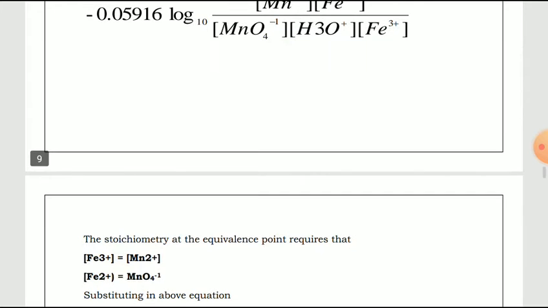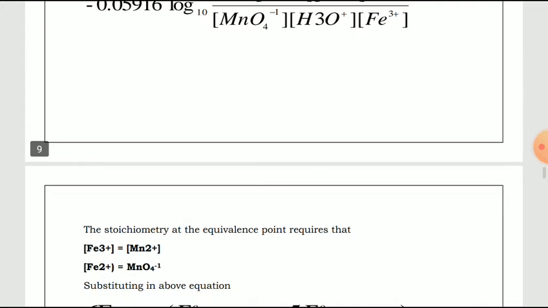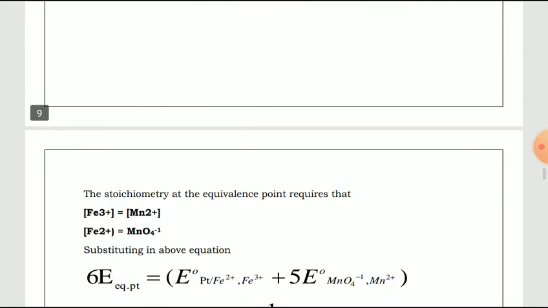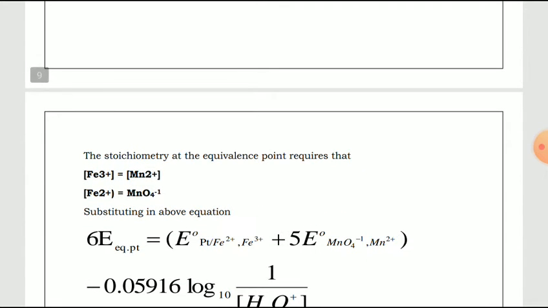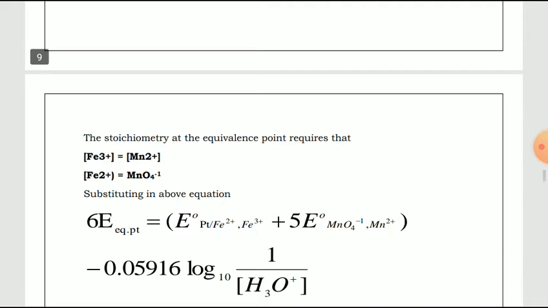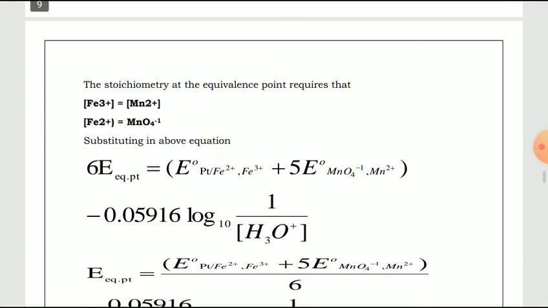Substituting in the above equation, it becomes 6 E equivalence point is equal to E naught Pt Fe2 plus to Fe3 plus, plus 5 E naught MnO4 minus to Mn2 plus, minus 0.05916 log to the base 10 of 1 upon H3O plus.